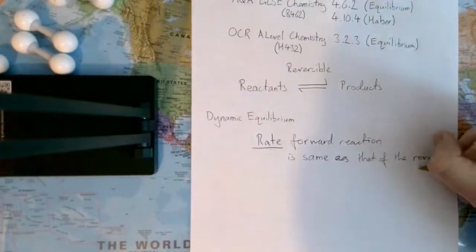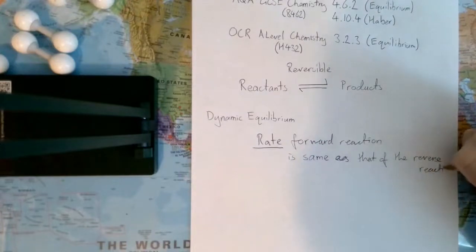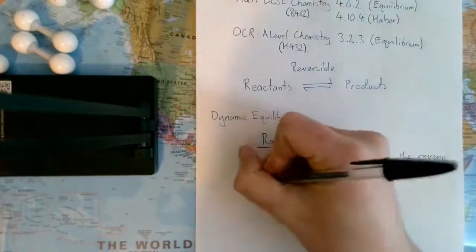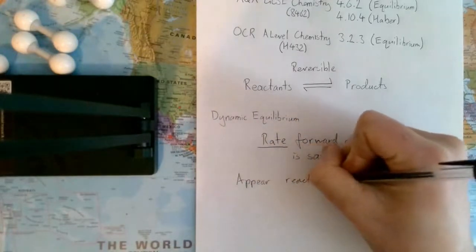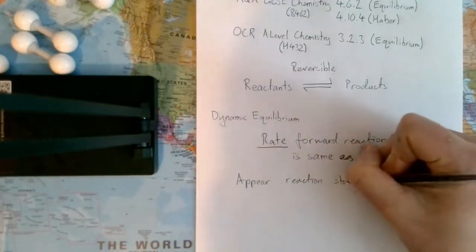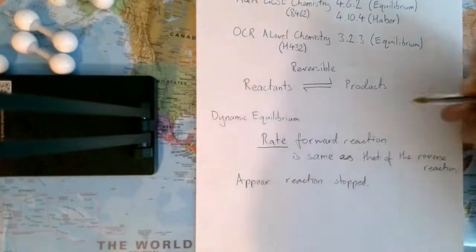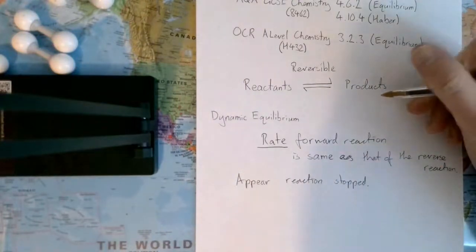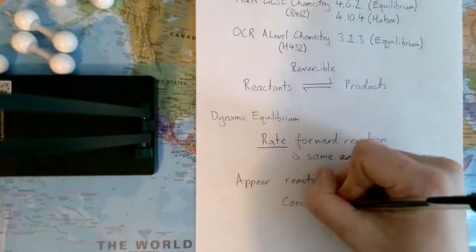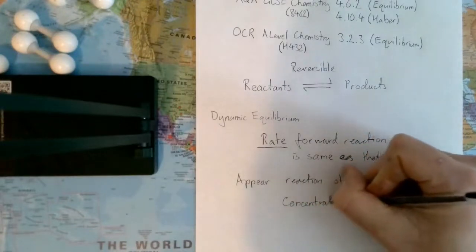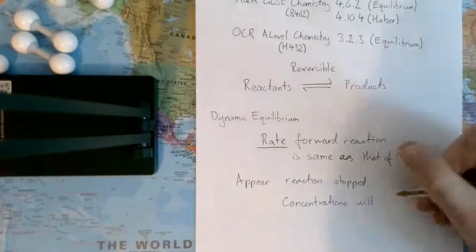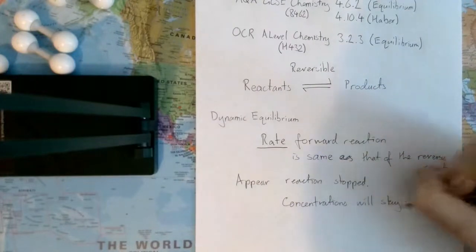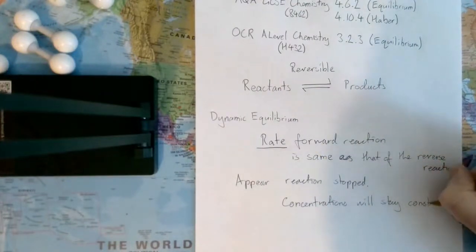And the reason this is of interest to us is because it will appear that the reaction has stopped because the concentrations of the reactants and the products will stay constant. Now the reaction hasn't stopped.